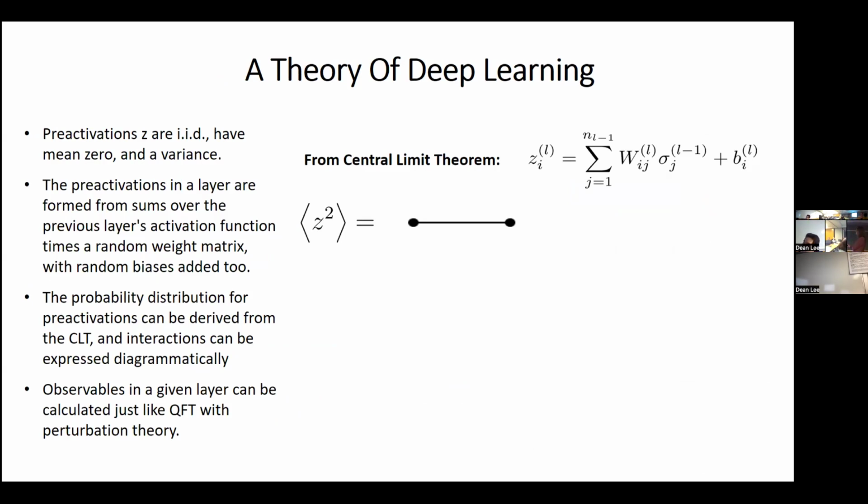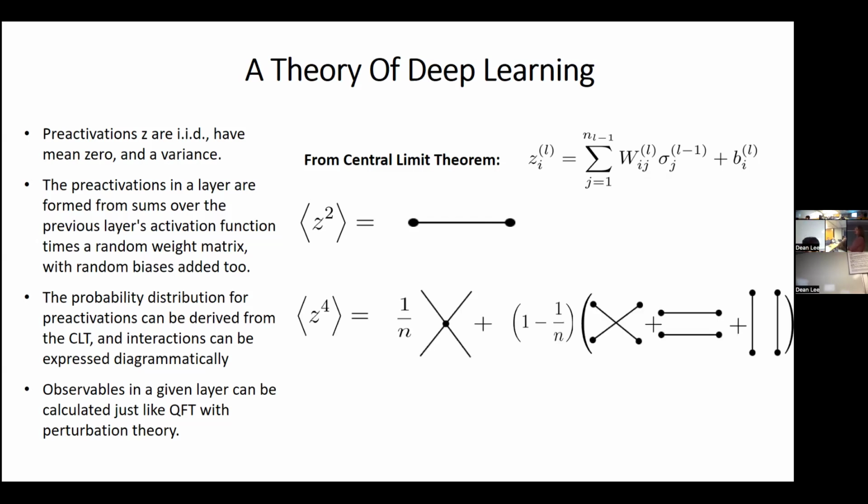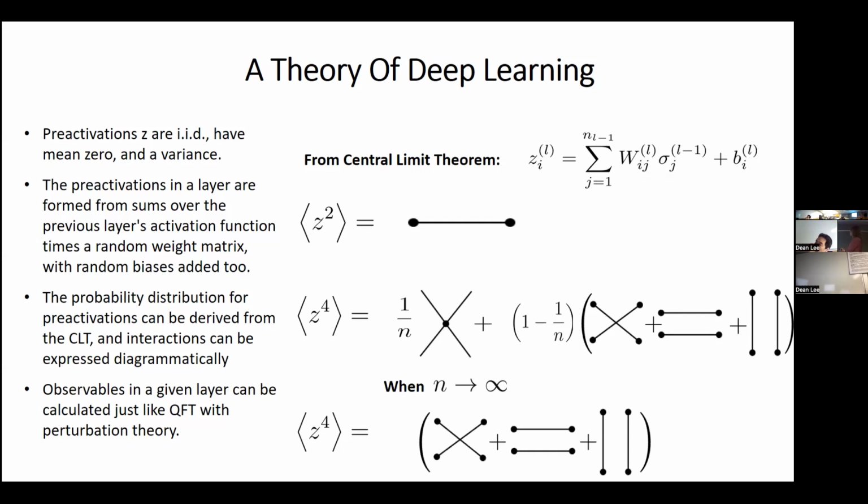So looking at a 2-point correlator, we're looking at two different neurons in a layer interacting. We can also do higher order moments of interest, so looking at correlations between 4 different outputs in a given layer. We have contributions from a vertex and contributions from products of different 2-point correlators. If we take the infinite width limit, all of the vertices disappear and we only get contributions from 2-point correlators.